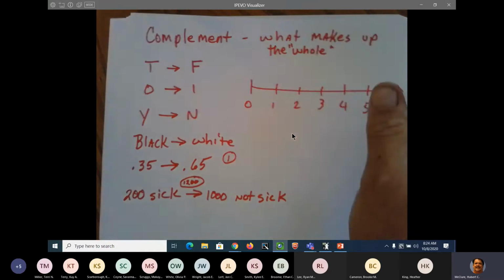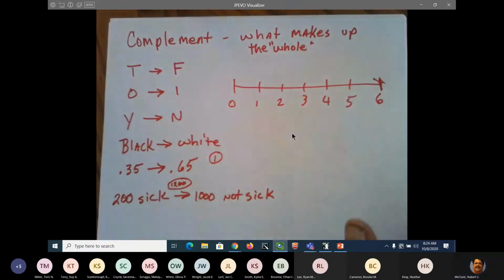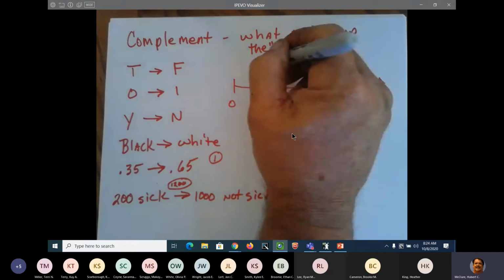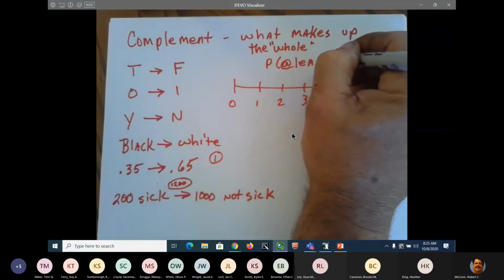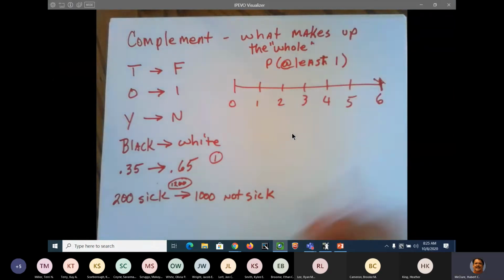And I ask you, what is the probability of at least 1? So what does at least 1 mean? I'm going to do this in a different color because it's important that you understand what I'm about to show you.